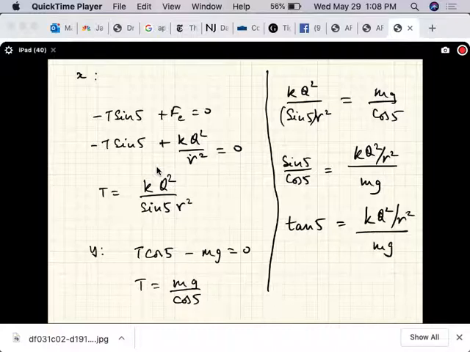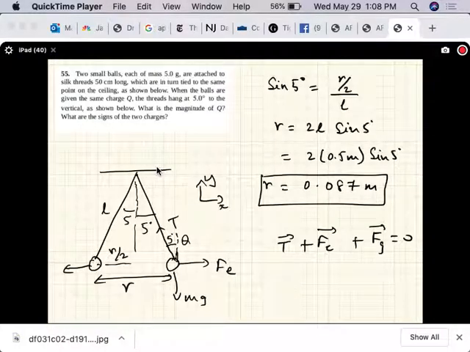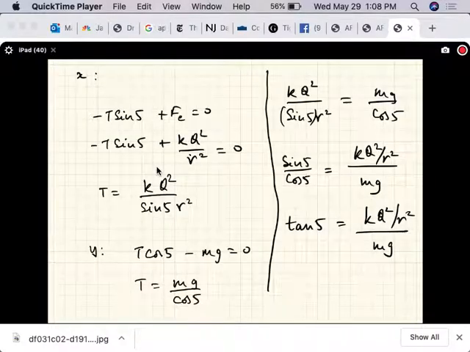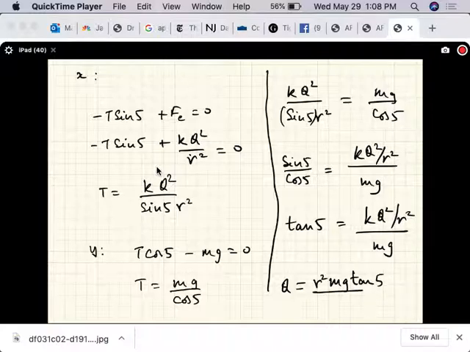What is it that we're trying to find? The magnitude of Q. So Q is mg tan phi r square divided by k, all to the power half. Yeah, that's what it works out to.